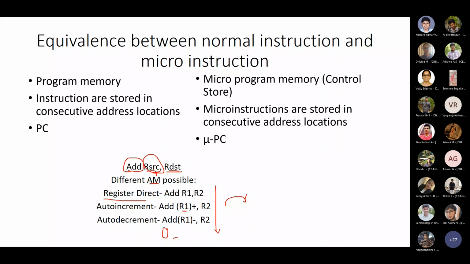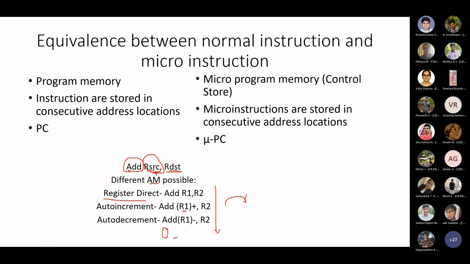Auto increment direct, note it down if you want. Auto increment direct means register R1 will contain the address. You go to that address and fetch the value, then increment the content of R1 register, so that it points to the next address location. Now, if it is auto increment indirect, R1 will contain the address.